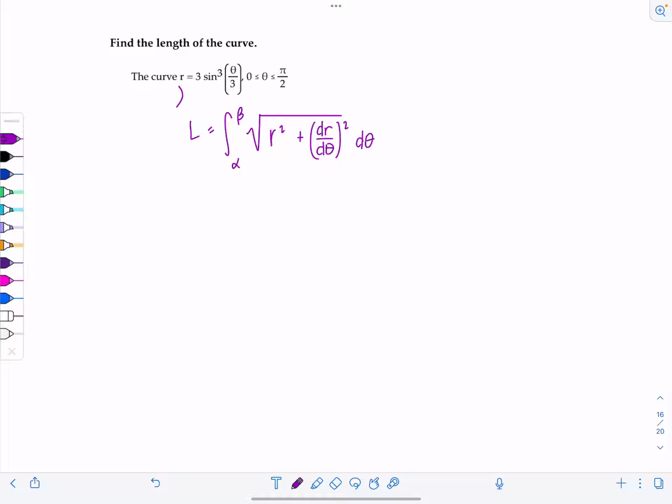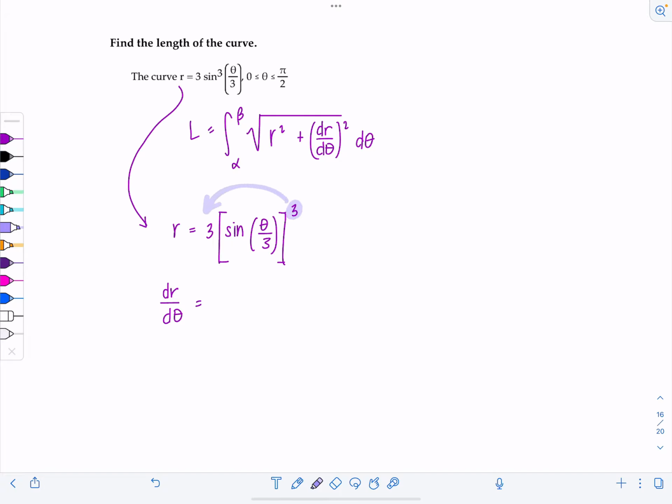Okay, so let's go ahead and take the derivative of r. I think it's helpful, especially if you struggle with the chain rule and stuff, to just move that cubed all the way on the outside so it's a little easier to differentiate properly. So dr d theta, remember you bring the exponent down in the front, so that's going to be a 9. I always write the new exponent right away so I don't forget. And then you have, leave this alone.